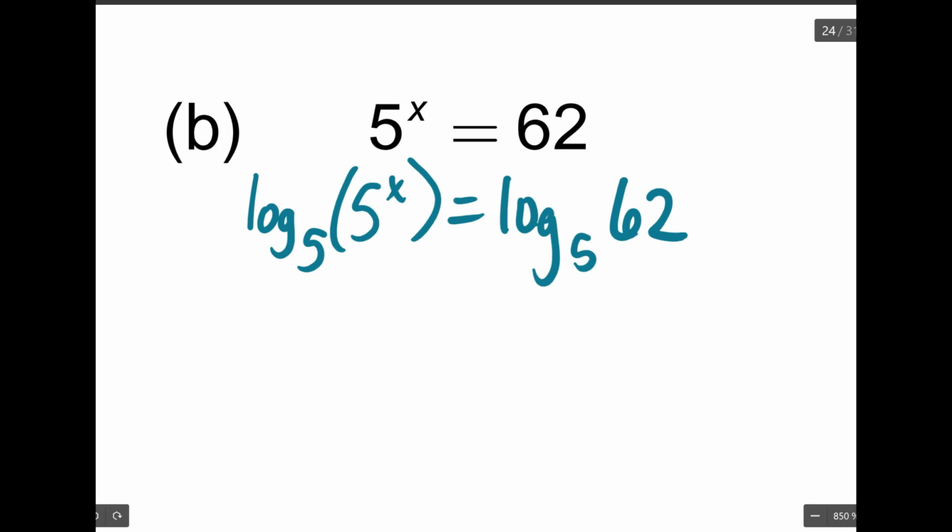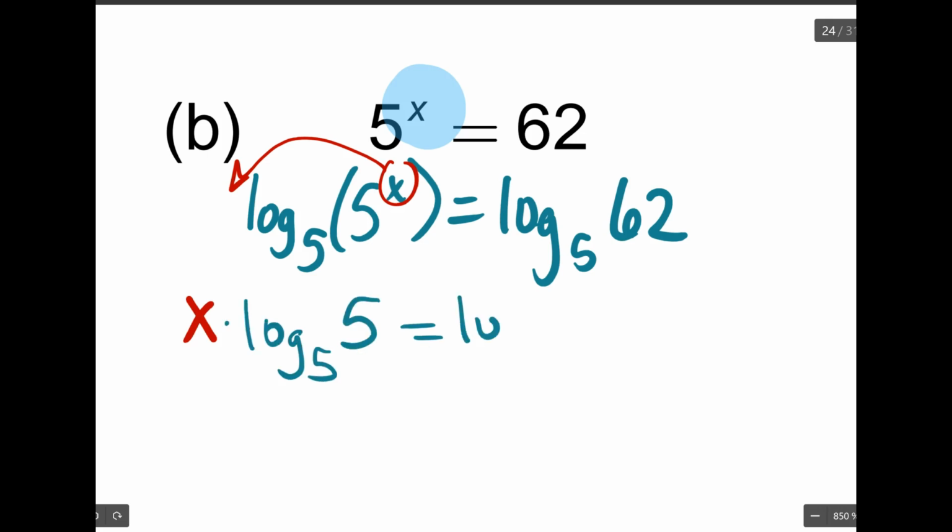Right? I see my x right here. I have a base of 5, so if I take log base 5 on both sides, I'm just left with the exponent. Using properties of logarithms, I can pull out that exponent, and then I have x times log base 5 of 5 is equal to log base 5 of 62.